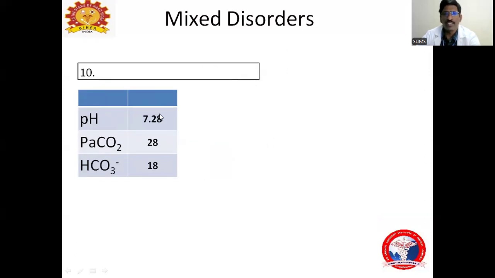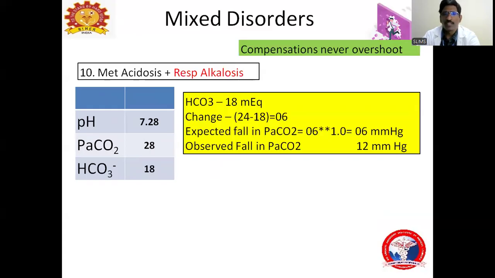So now next example is 7.28. So acidosis. Now we have a low PaCO2, low bicarbonate. So it fits into metabolic acidosis. But we have to apply the compensations. Now the change in bicarbonate is 6. So expected fall in PaCO2 is 6 into 1, that is 6 mm of mercury.